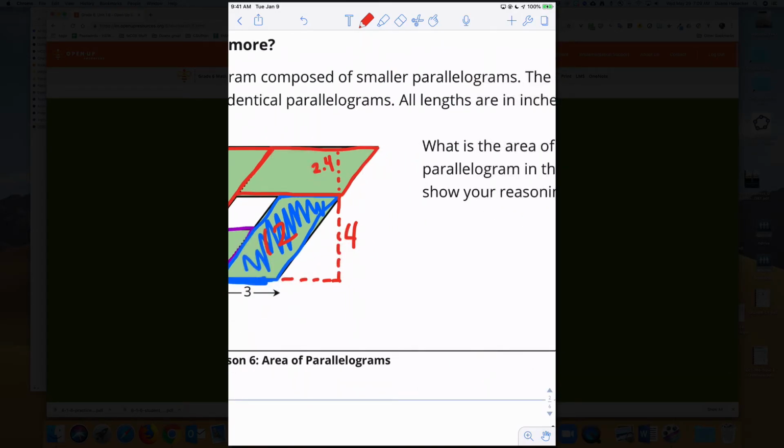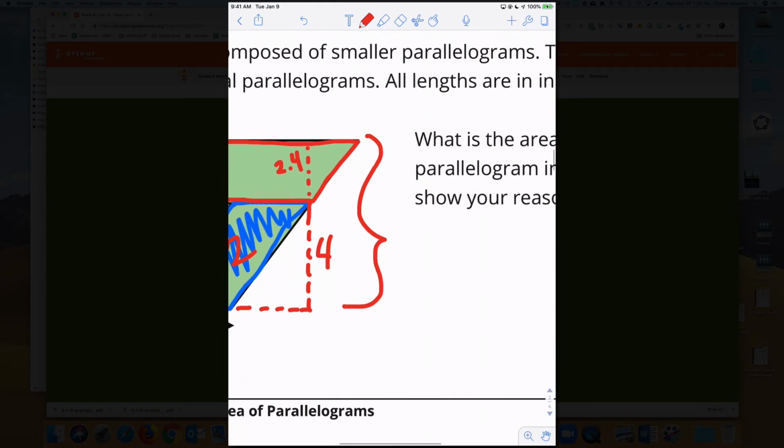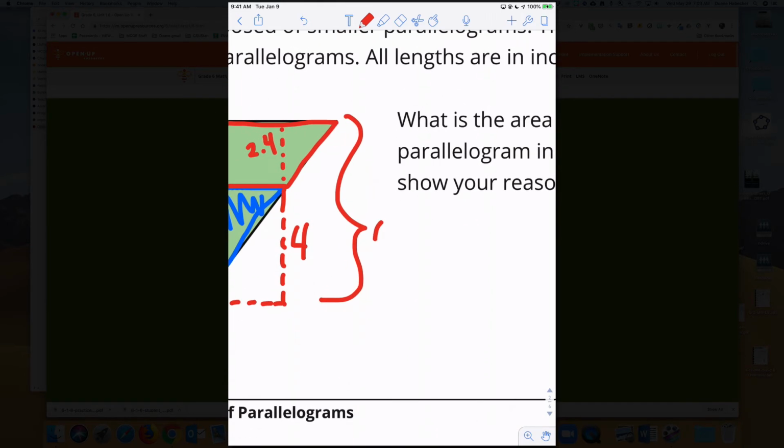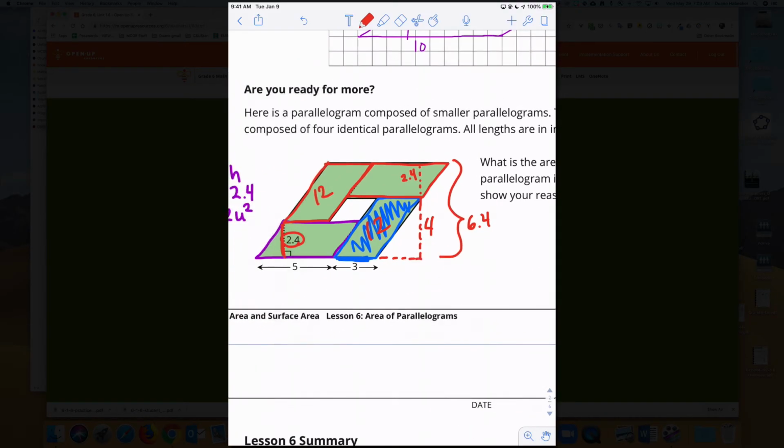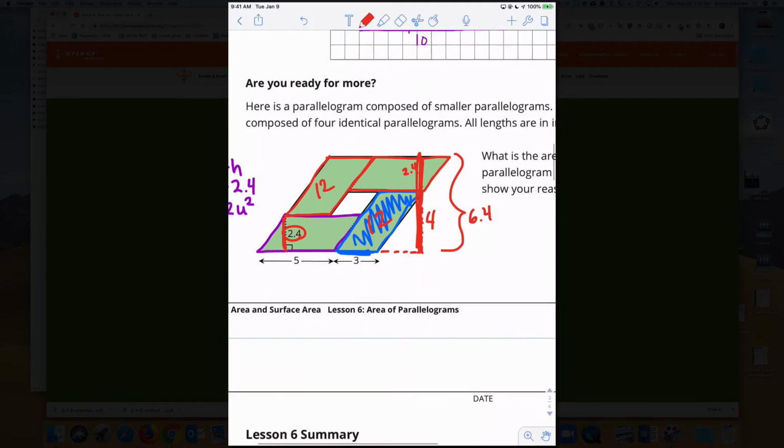So we can see that the height of this entire parallelogram is 6.4. How do we know that it's 6.4? Well, because we added the 4 here and the 2.4 here. So that height of the parallelogram is 6.4.